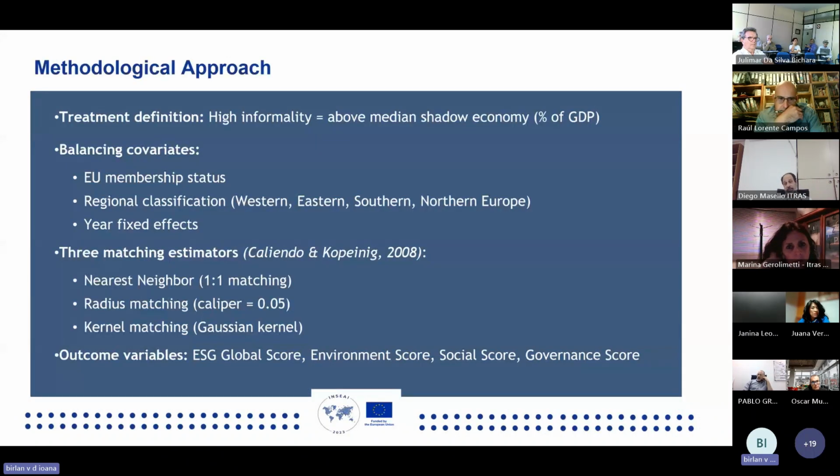For the methodological approach, our treatment definition was that we characterized high informality as being above the median shadow economy in the data that we had. For the covariates, we made sure to use the regional classification, the membership, and the year fixed effects.